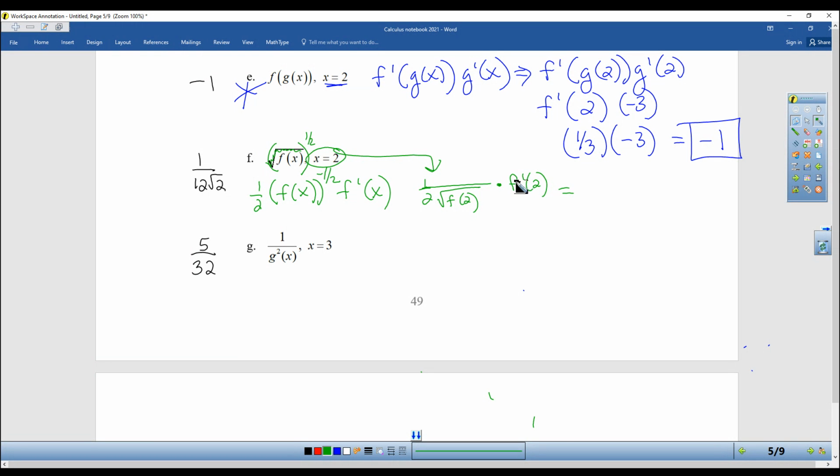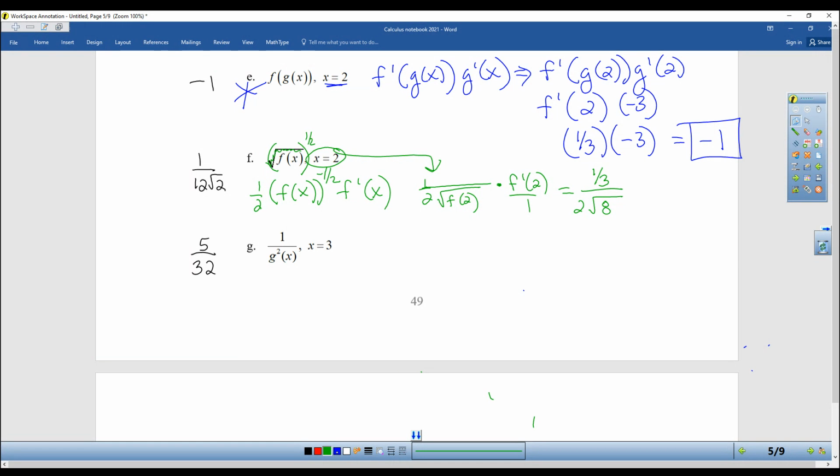So this can move to the top, or maybe I'll just put over 1. When you're doing a fraction times a fraction, think of it as over 1. So f prime of 2 is 1/3. And f of 2 is 8. Again, if you were doing the AP exam open-ended, I would stop here.